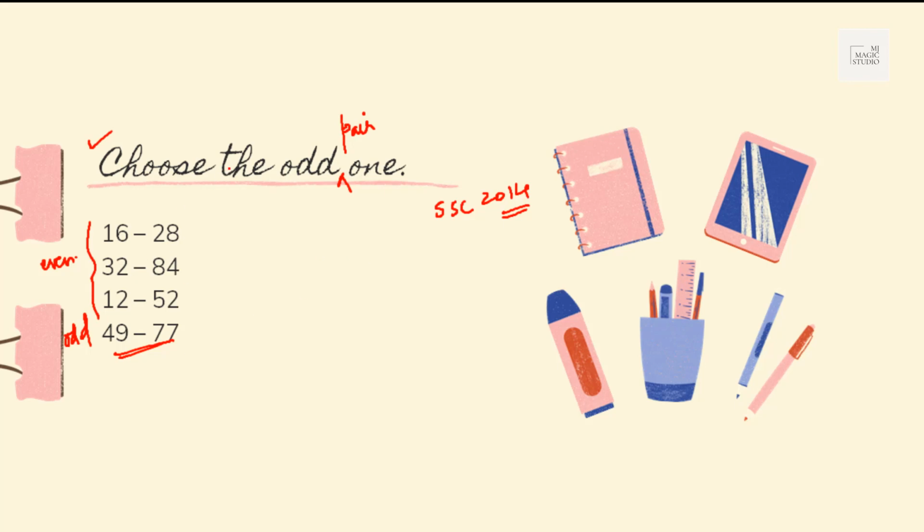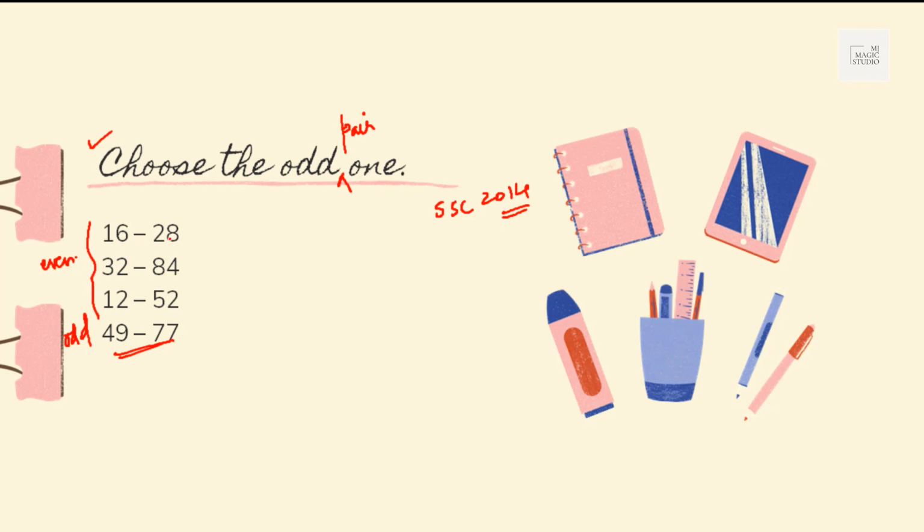But what I'll suggest is that odd even classification should be used like a weapon in time of emergency. If no other classification is fitting in, then we can try odd even classification. Let's move on and check whether there is anything else available.